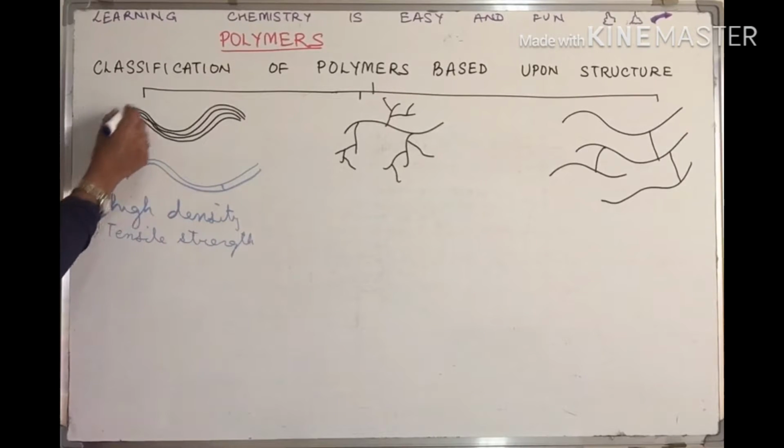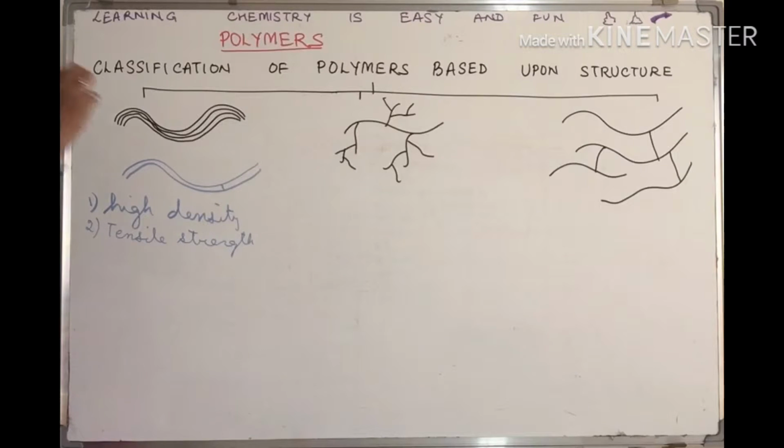What we have got over here is layers of the polymer chains stacked one over the other. Now, it has got high density, high tensile strength. What about its melting point? Because it is being held together by strong forces, strong intermolecular forces.